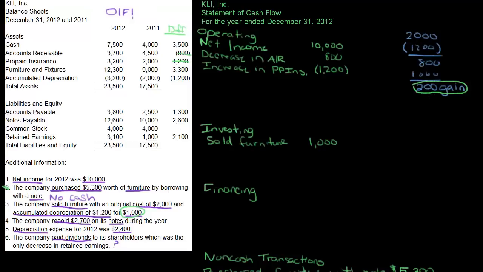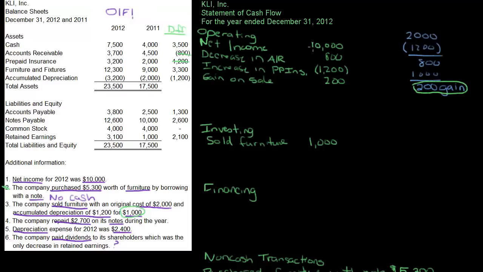Remember, non-cash items are depreciation, gains, and losses. So we have to essentially remove this $200 gain from my $10,000 net income. So, gain on sale, $200.